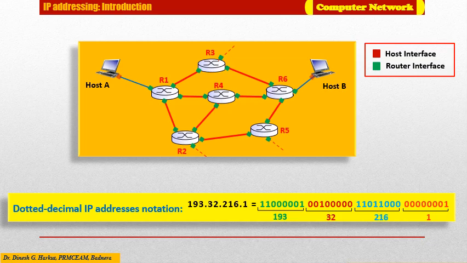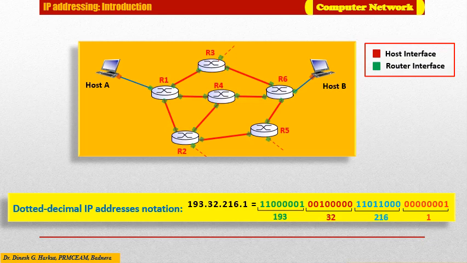Now consider a router and its interface. Because a router's job is to receive a datagram on one link and forward the datagram on some other link, a router necessarily has two or more links to which it is connected. Here routers R1, R2, R3, R4, R5, R6 have more than one link.